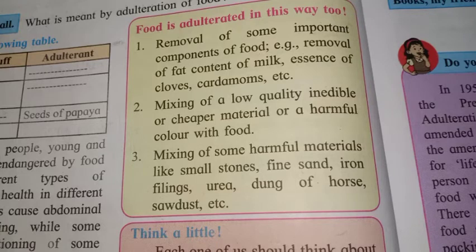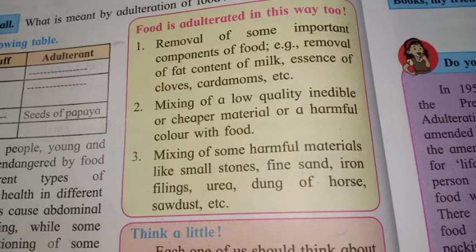Children, what do you think? Is this adulteration harmful to us or not? Yes, correct. It is very dangerous. Our health is in danger because of this food adulteration. Now what exactly is meant by food adulteration?